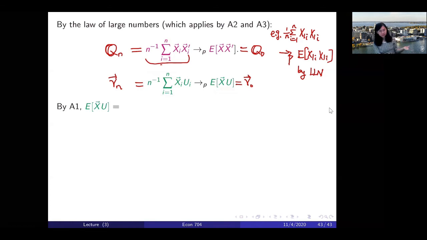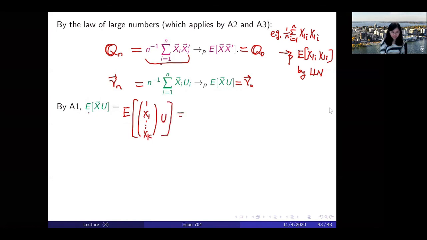Now, I want to show that this R0 is actually 0. And that follows from the orthogonality condition. The reason is that this E of x vector times u equals E of 1, x1 to xk, times u, where u is a scalar.